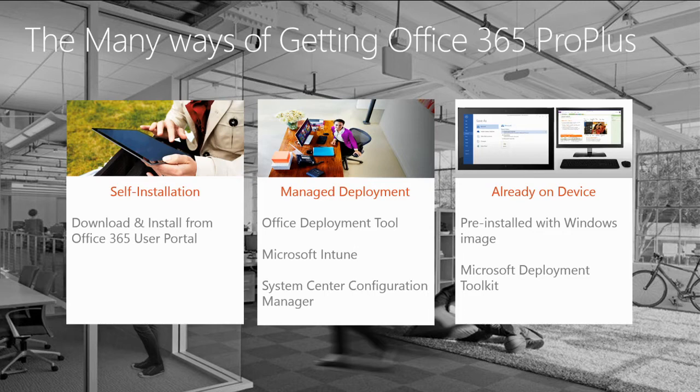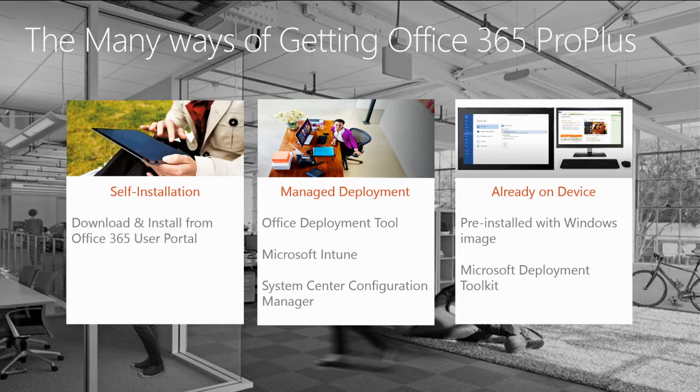We also have the traditional managed deployments. I want to be able to have some of my users on a particular language with some of the applications, Word, PowerPoint, Excel, don't really want access, but the other group I do. I want to have different languages for a different set of folks.